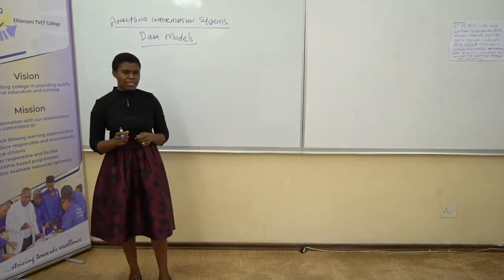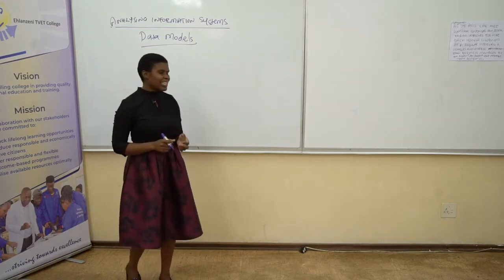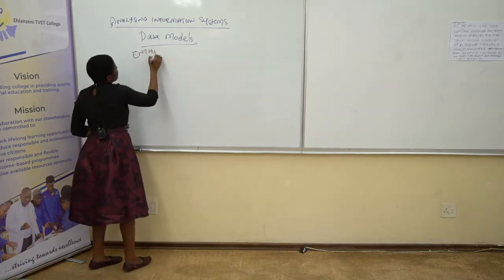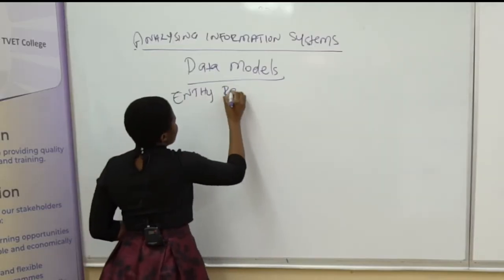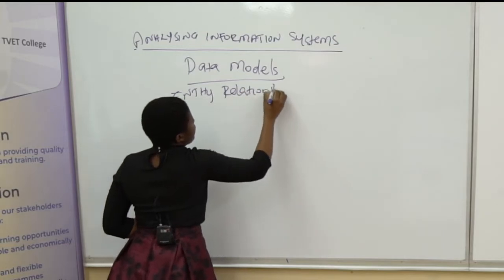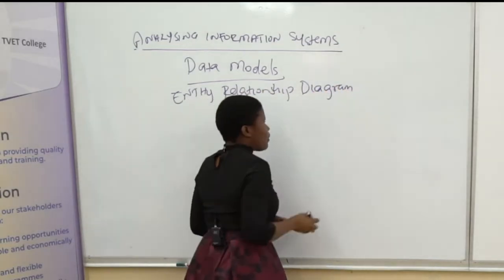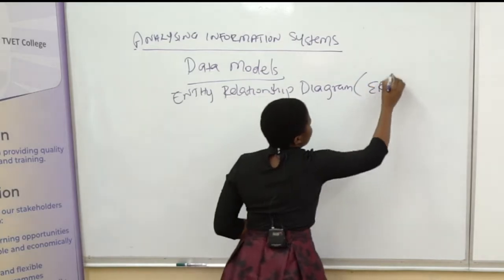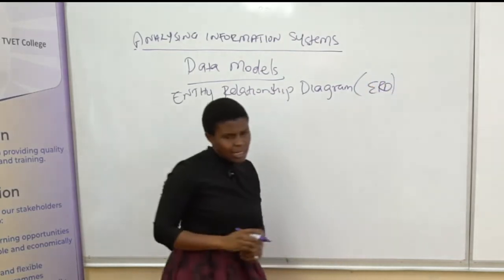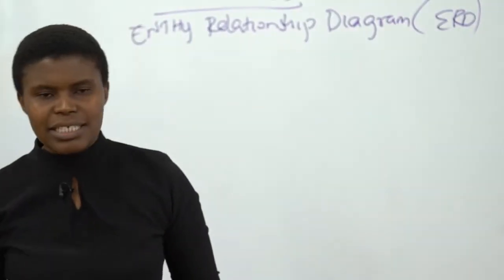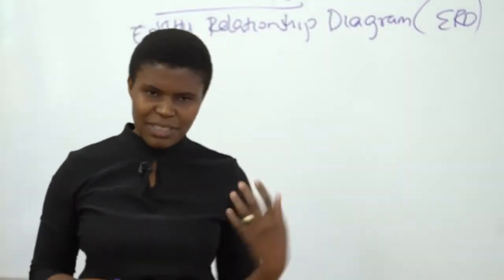I'm just going to focus on a model called entity relationship diagram, which we simplify as an ERD. So hand in hand we'll be speaking about an ERD instead of saying entity relationship diagram.